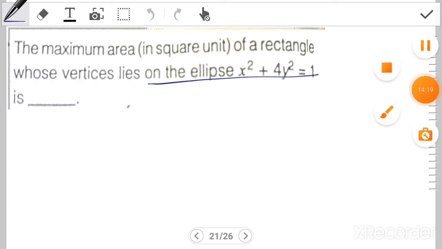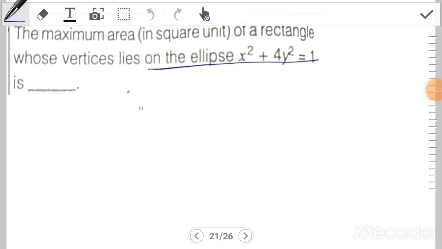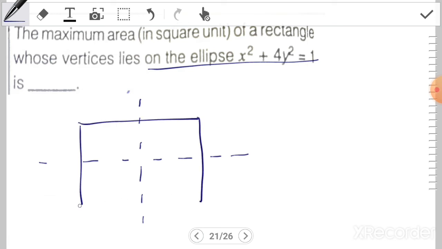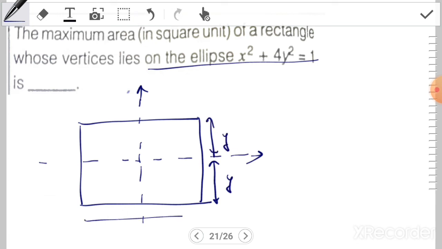Let us have a rectangle on the xy axes, with this side y and this 2x, so this is 2y. I am taking this for convenience.